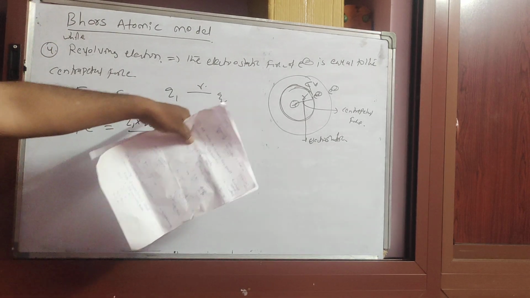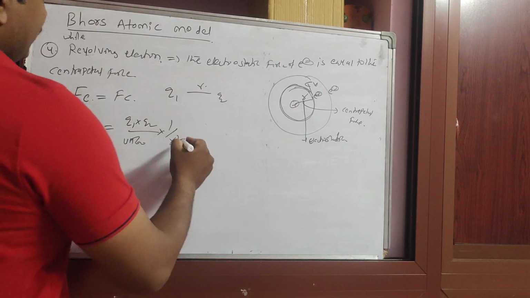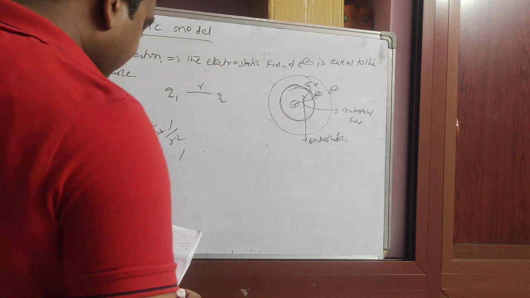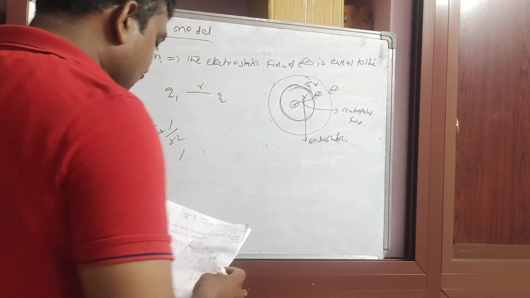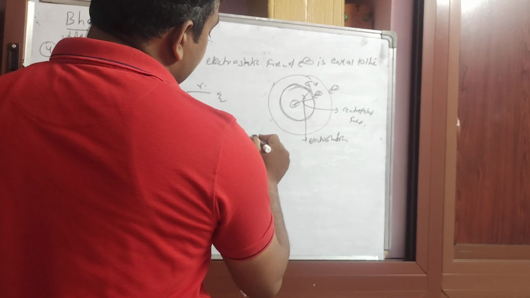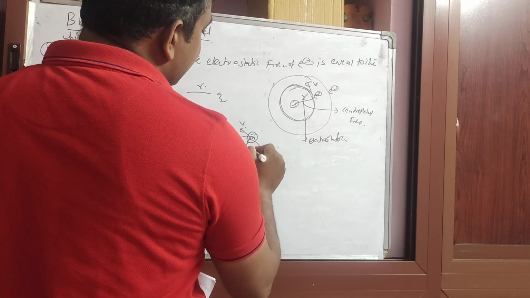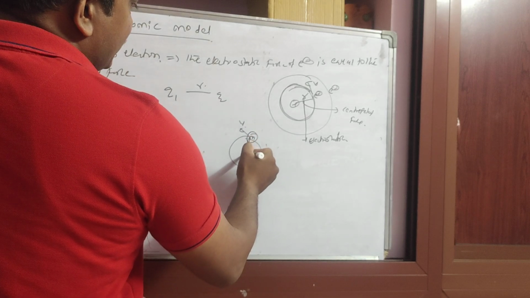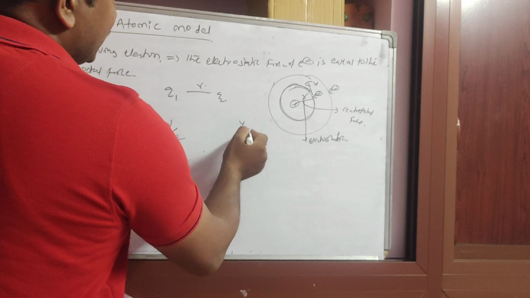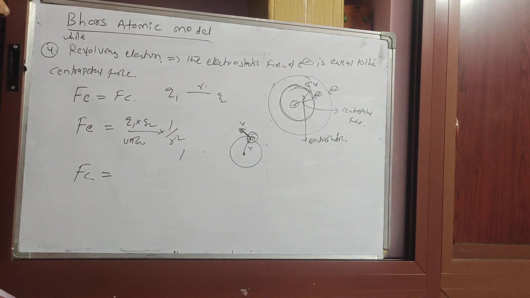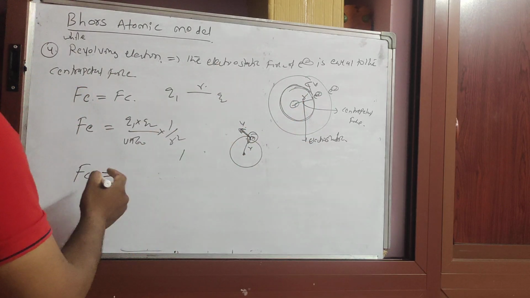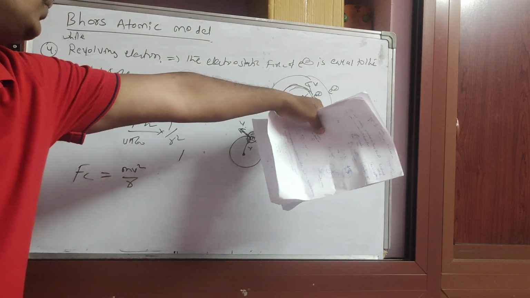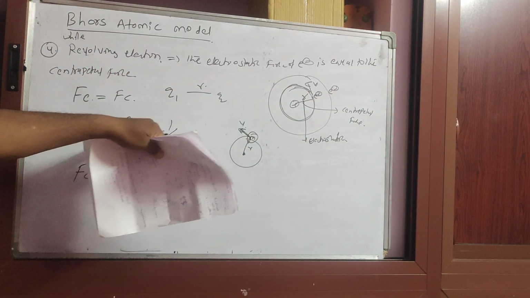This is the electrostatic force between two charged particles. For the centripetal force, take any moving object having mass m and velocity v at distance r from the nucleus. The centripetal force, attracting towards the nucleus, is mv square by r.